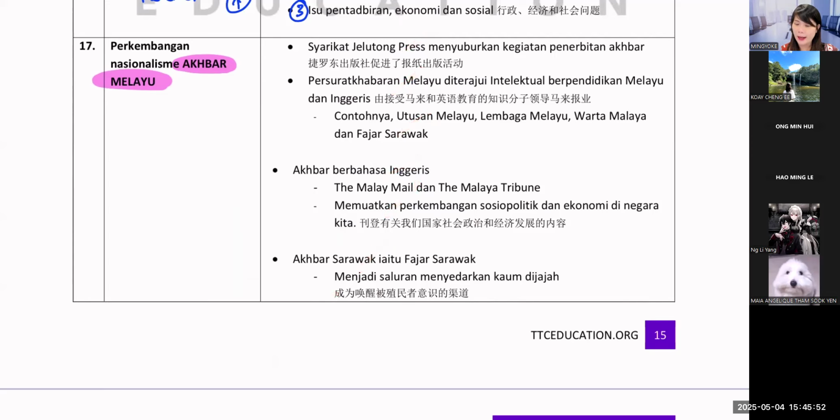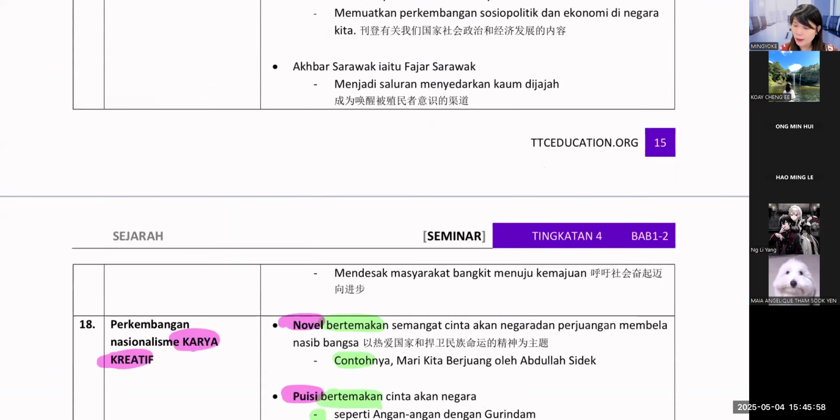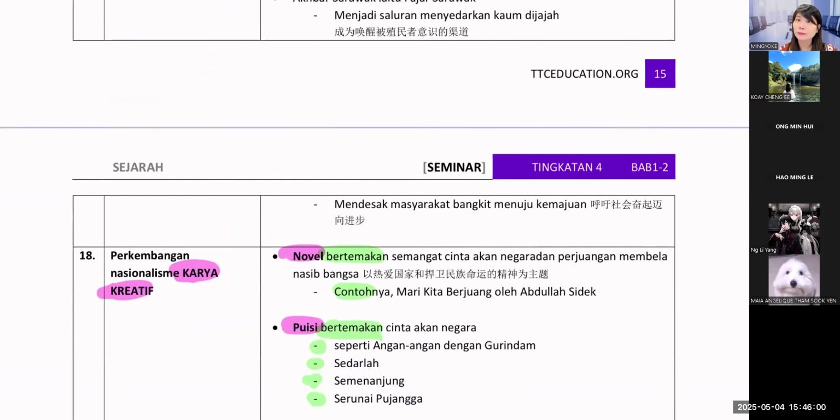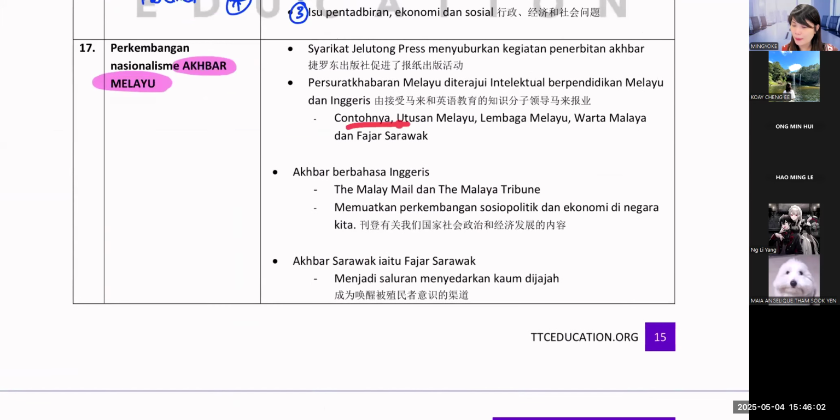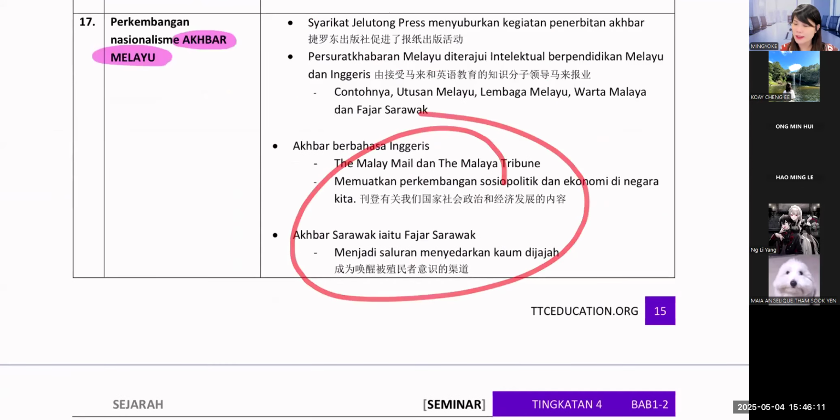To be honest, for Akhbar Melayu usually they ask you the name of the newspaper, short and simple. That's all. The name of the newspaper, and they may ask the short one, structure. You can see one is not much.